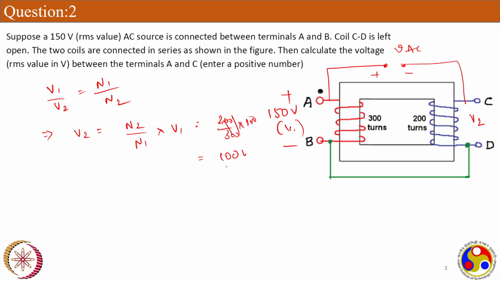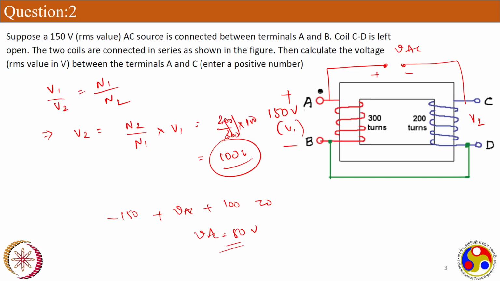Since V2 is 100 and V1 is 150, it's a simple KVL now, right? Minus 150 plus VAC plus 100 is equal to 0. Now it will give you VAC is equal to 50 volts. You don't have to worry how we can calculate the potential difference between terminals A and C. It's just the series connection that makes it a closed circuit.